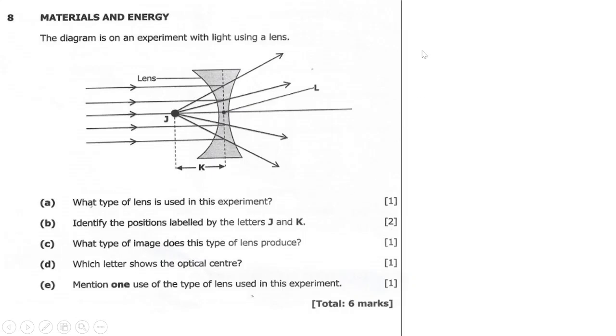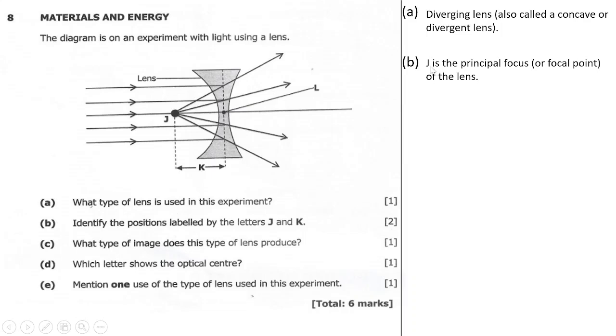We can say a diverging lens, also called a concave or divergent lens. Then B, identify the positions labeled by the letters J and K. We can say that J is the principal focus or focal point of the lens.